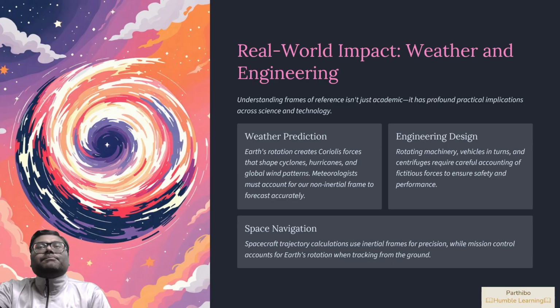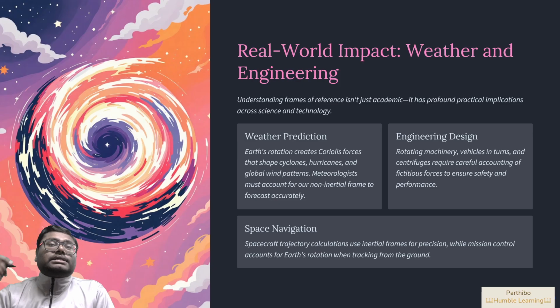So real world impact, weather and engineering. Understanding the frame of reference isn't just academic, it has profound practical implications across science and technology. Weather prediction: Earth's rotation creates Coriolis force that shapes cyclones, hurricanes, and global wind patterns.